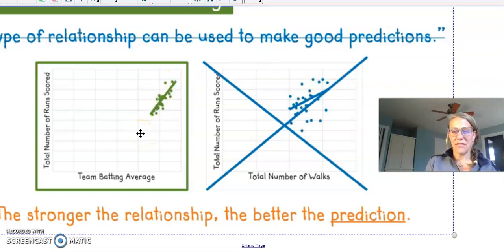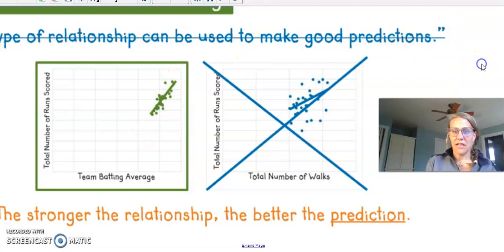I'm not loving this line of best fit, by the way, because it is not extending all the way through the graph. We could probably zoom in on that graph a little bit to make it look better. But anyway, the second one you'll notice is pretty scattered. So this is probably not going to make really good predictions. You can make a prediction, but it's not going to be as strong as this one over here.